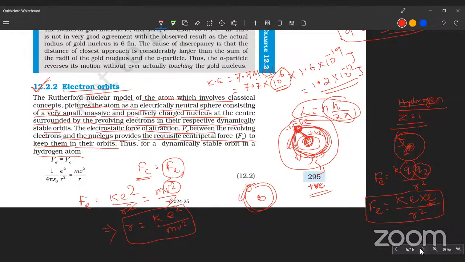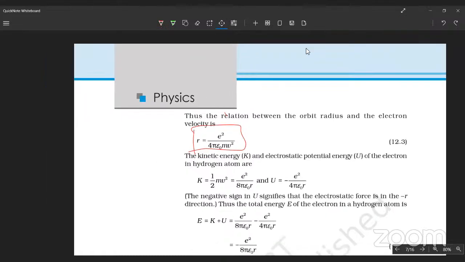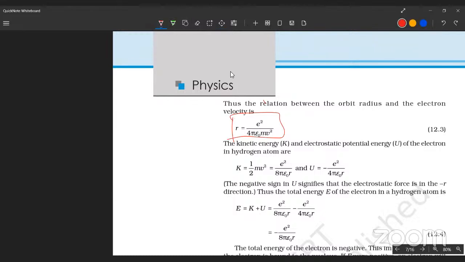Now we'll write the kinetic energy and potential energy. So what is kinetic energy? Kinetic energy is half mv square.